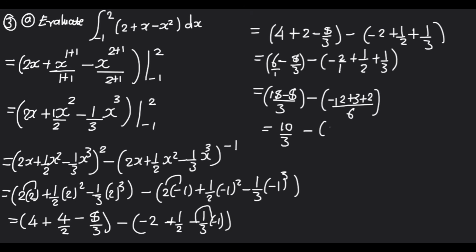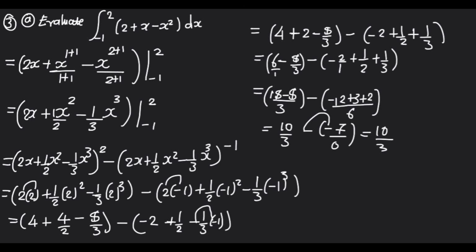Then here we are going to do, so we'll say -12 plus 3 is -9 plus 2, that is -7 over 6. So it's 10 over 3.